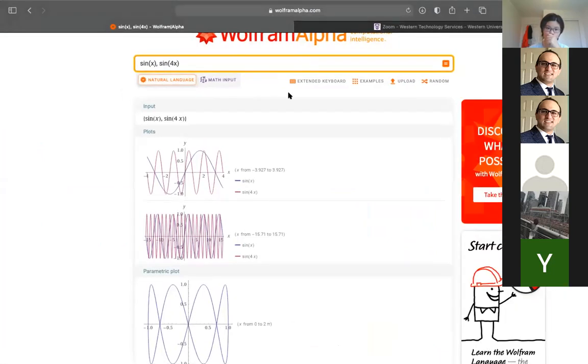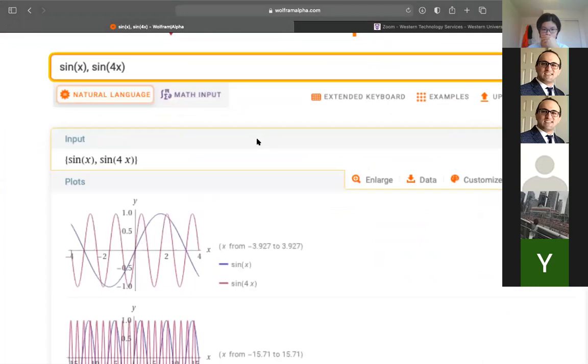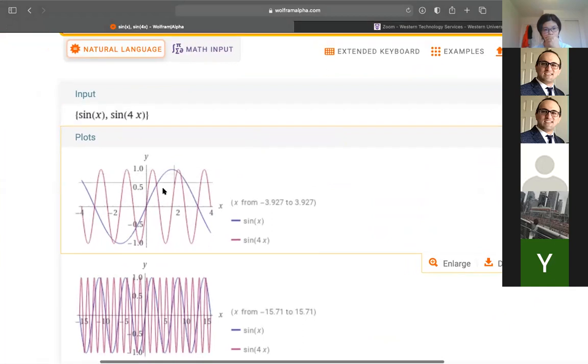Do you see my screen, guys? Yes. So look at my screen. By the way, these two are graphs of sine of x and sine of 4x. Functions like sine and cosine are periodic.